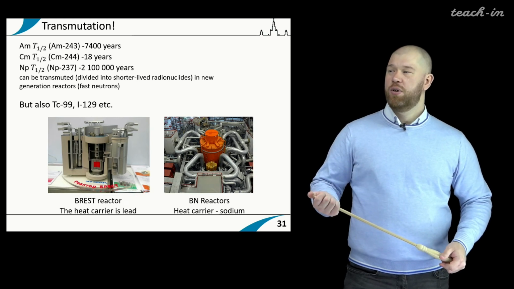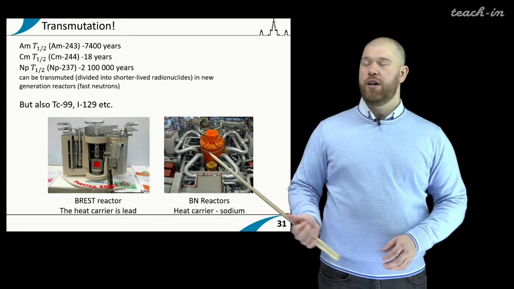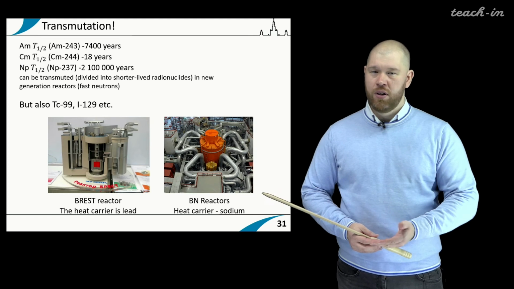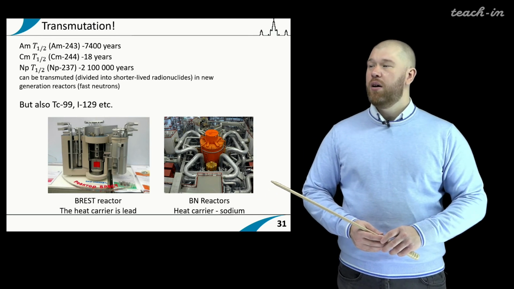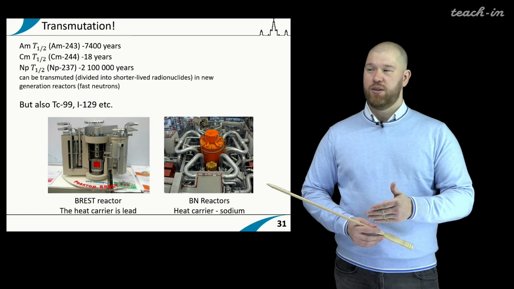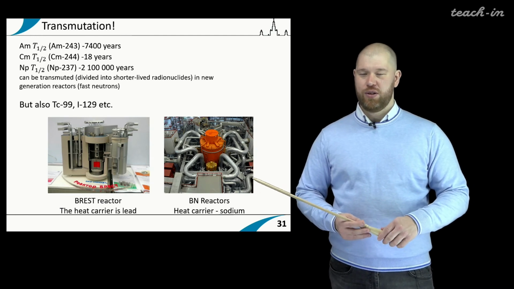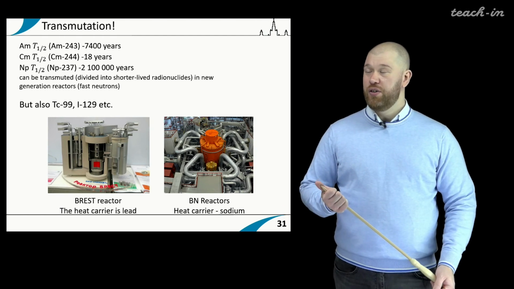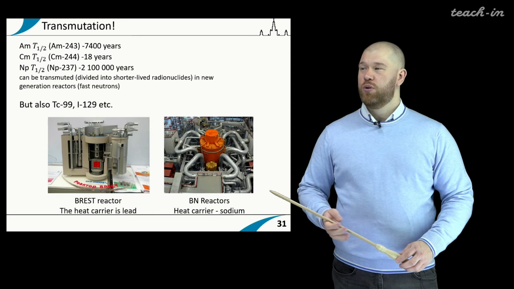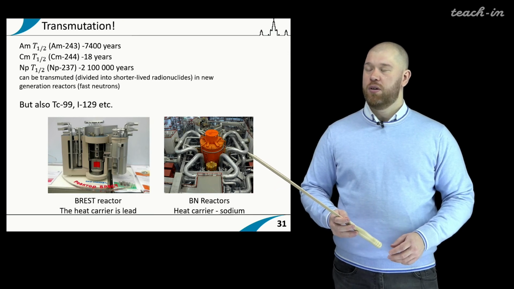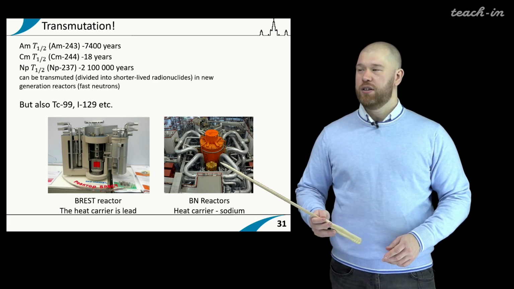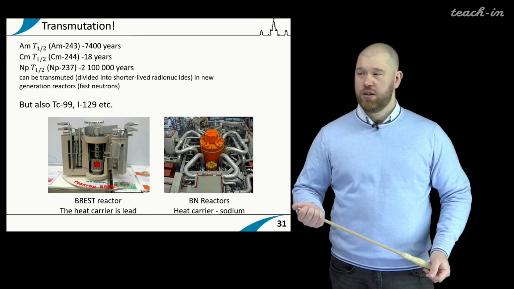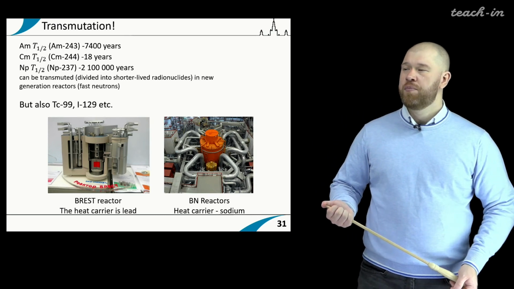Or for example, technetium-99 we can convert even to the stable element ruthenium, and thus we produce not even a shorter-lived radionuclide but a stable material. So for transmutation, nowadays there is a special reactor called Brest, which is under construction in the Siberian region.